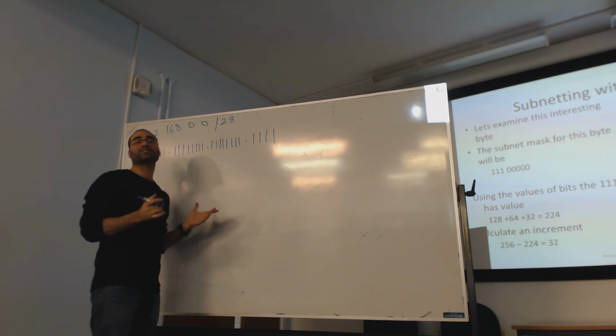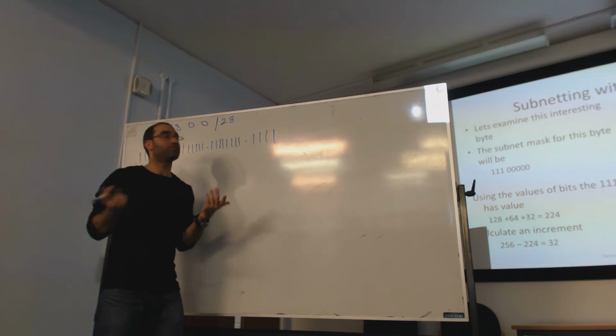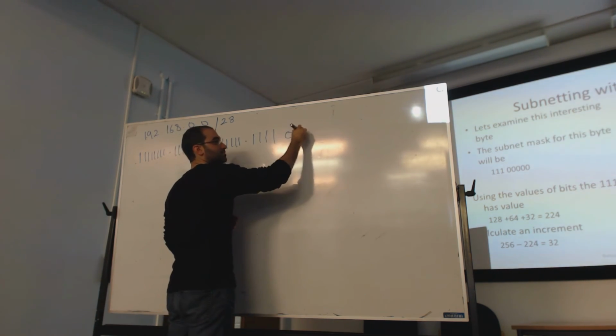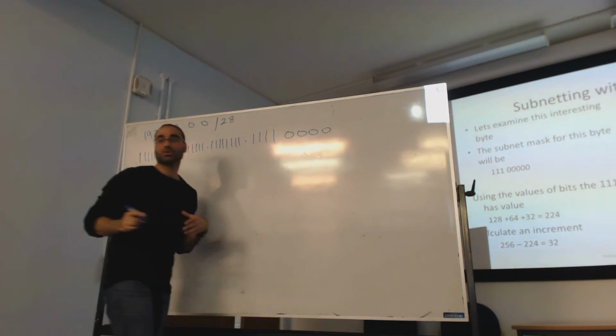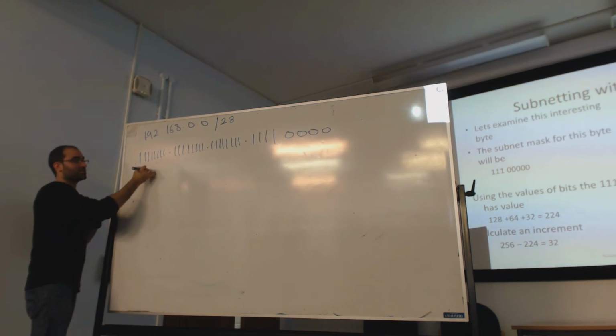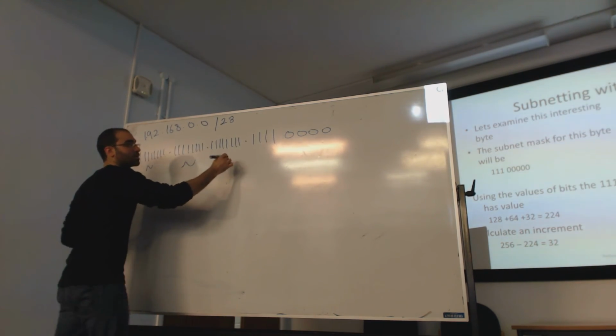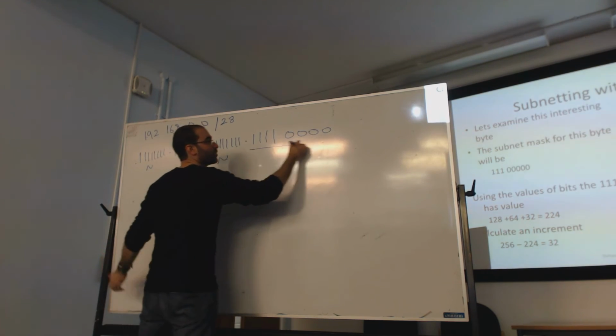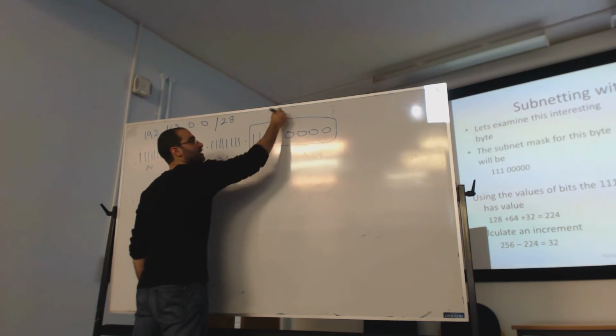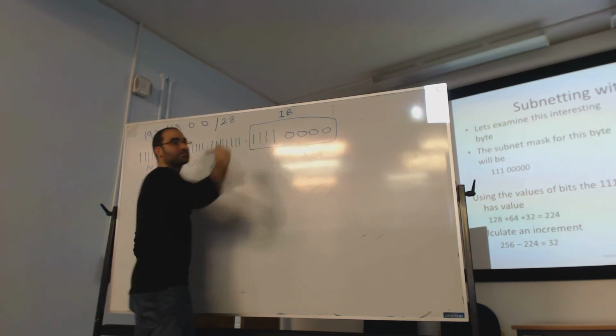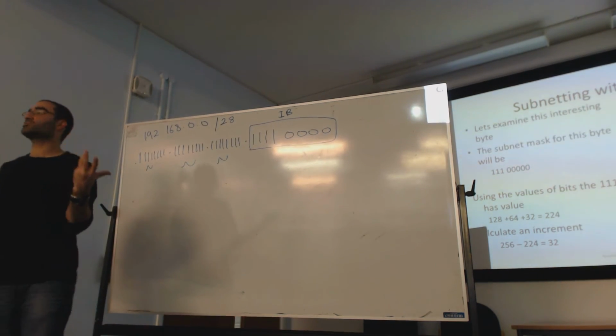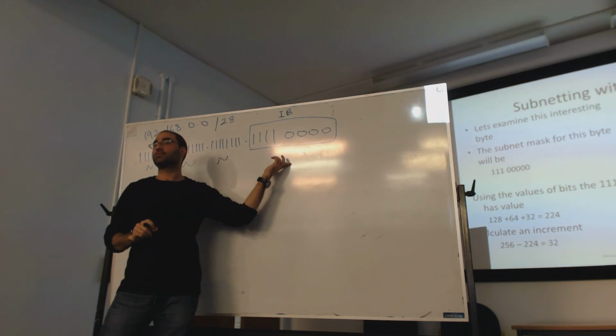How many bits do I have left? 4. And these are what? Hosts. The first portion is the network. That's the one we need to look at. That's your interesting byte. Details will be extracted from this byte.